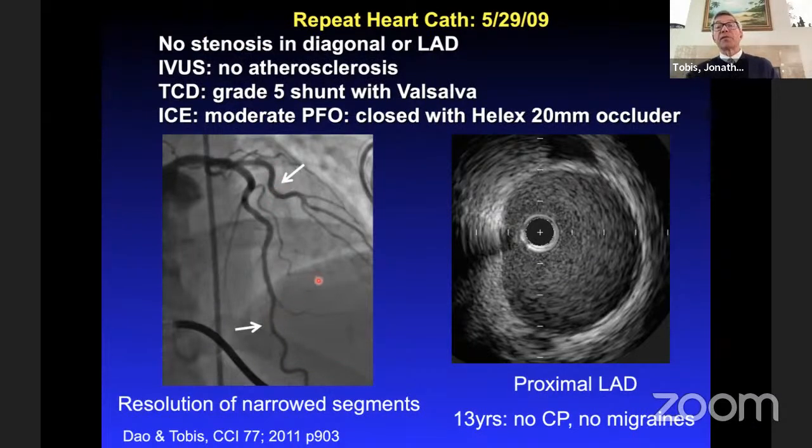So that proves that it was spasm because it's reversible. We then did intracardiac echo. She has no coronary artery disease as the cause of this stenosis. So because of the PFO, we closed her PFO. We've been following her now for 15 years, and she has no recurrent migraines and no recurrent chest pain.